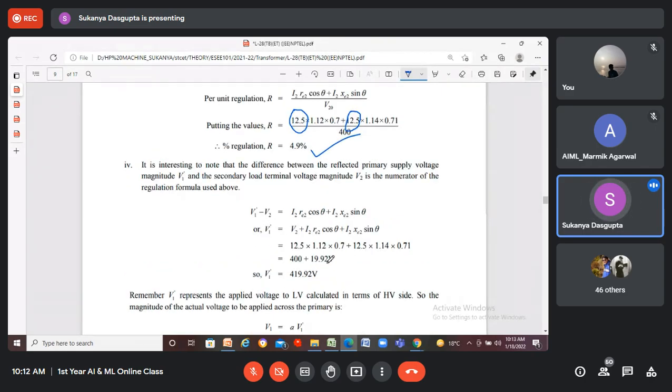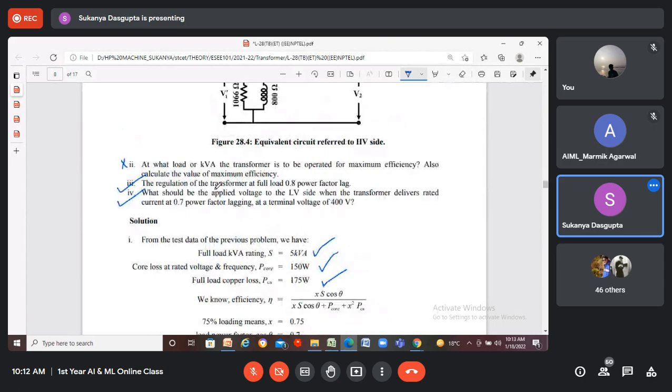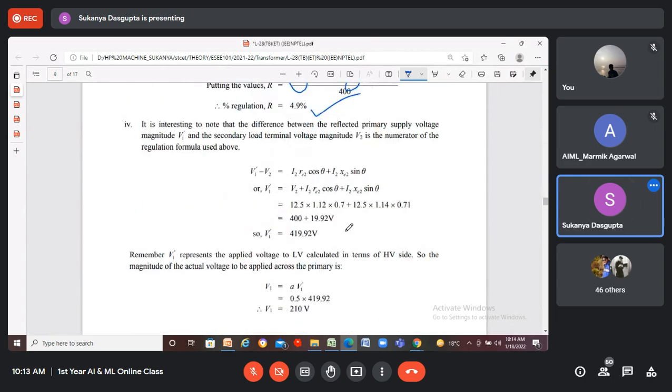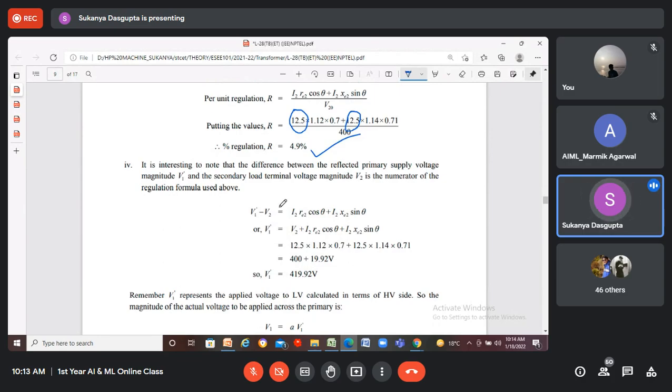Next, the last part of the problem, to calculate the applied voltage when the transformer delivers rated current at 0.7 power factor lagging at a terminal voltage of 400 volt. So this is the numerator of the voltage regulation, that is the difference between no load voltage and the full load voltage, right?